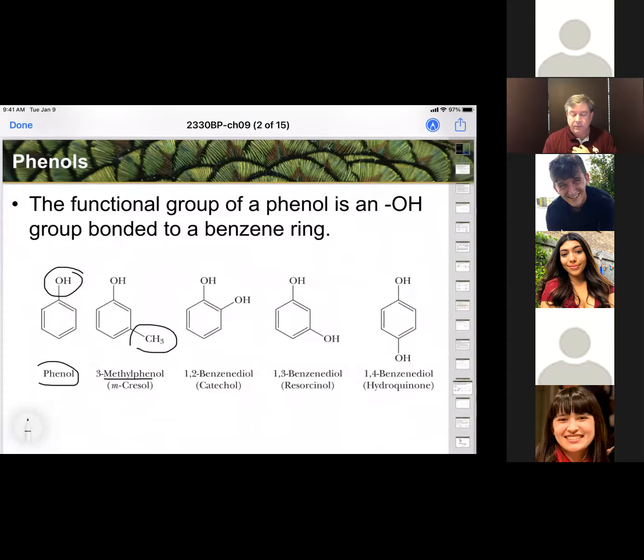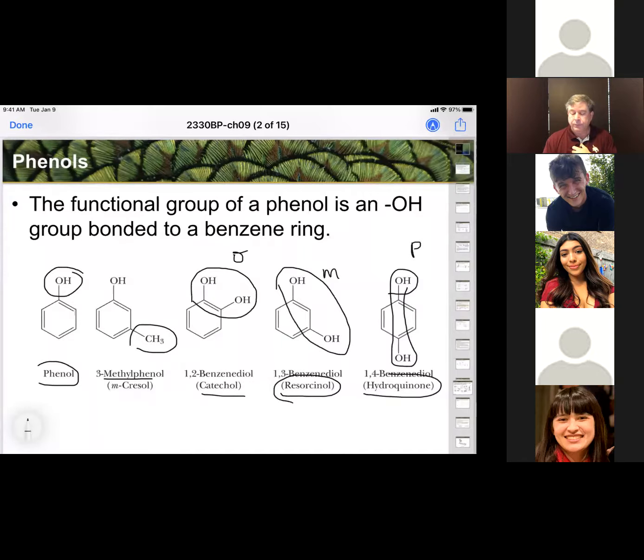Okay. If we have 2 OHs on there, we call that catechol if they're in the ortho position. If we have 2 and they're in the meta, we call that resorcinol. And if we have 2, but in the para, we call that hydroquinone. Okay. And the cool thing is, even though they are all very similar in looking like that, they all have very different reactivities.